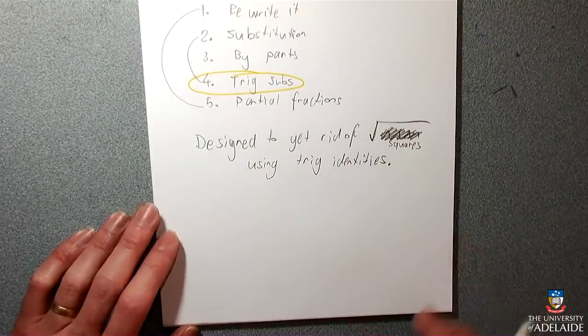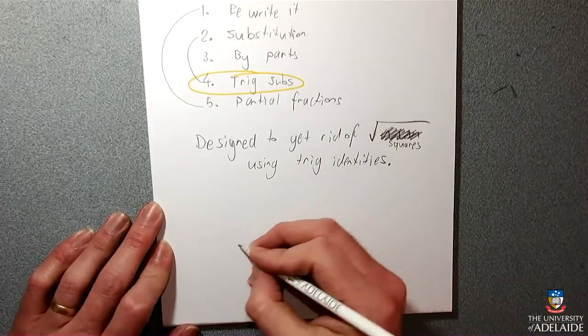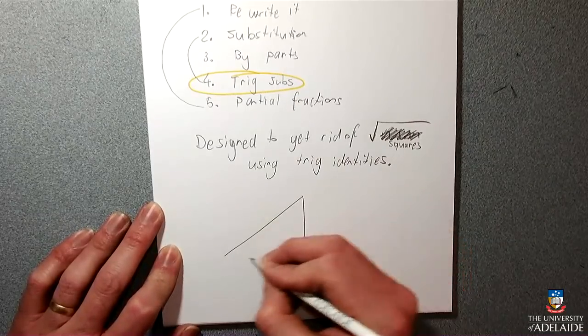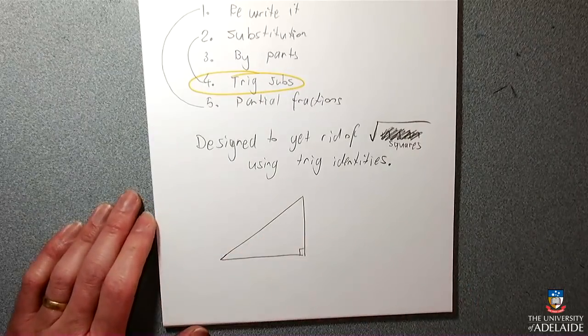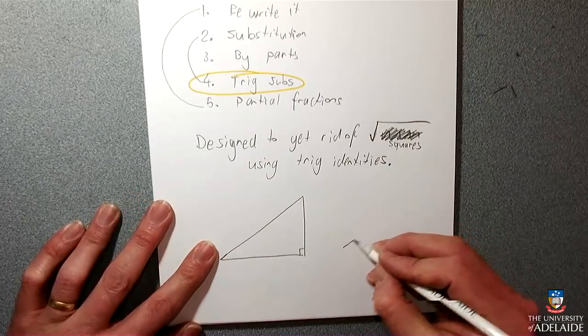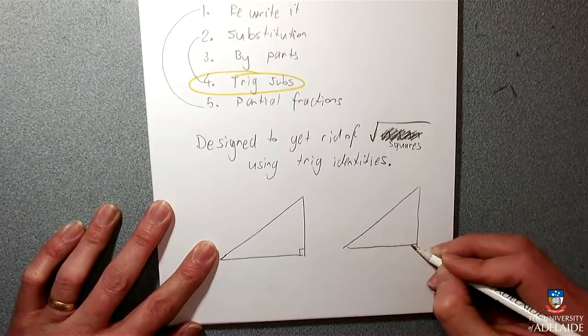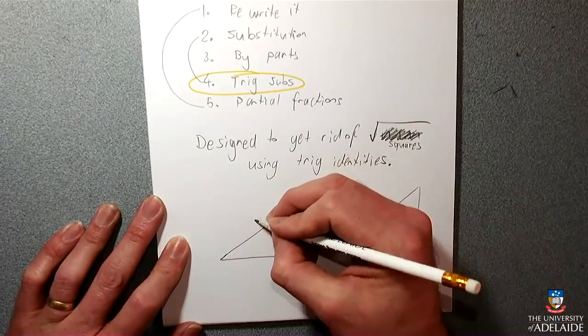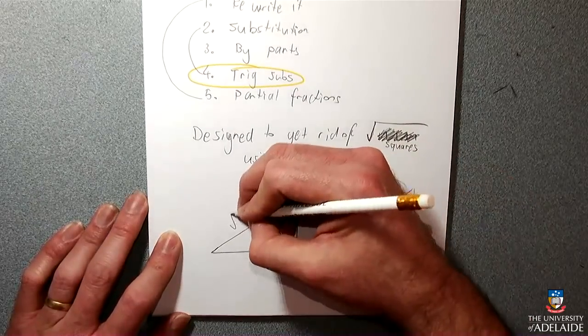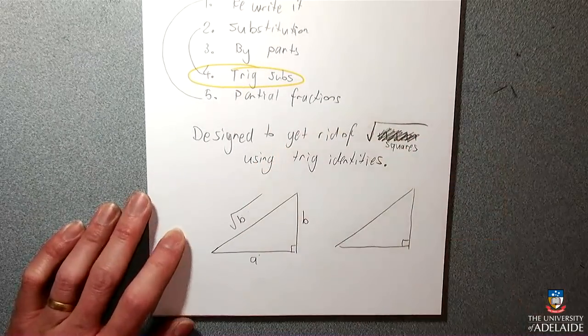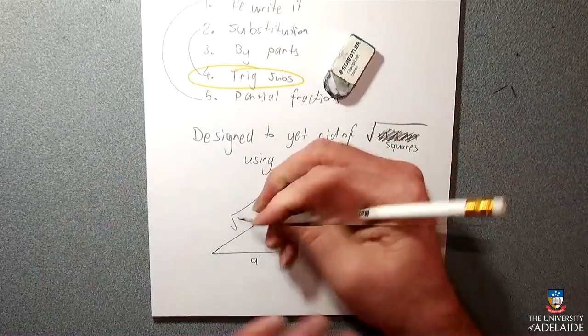Okay. And the big thing that we're going to think is that if I had a right-angled triangle, then I'm going to draw two pictures actually. If this was a, and this was b, then this would be root of a squared plus b squared.